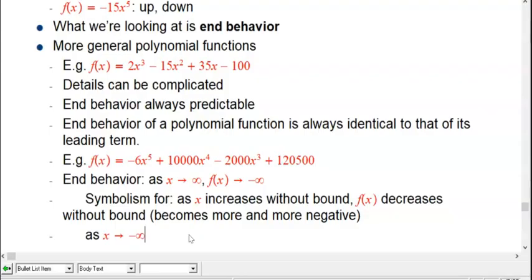Then in this case, because that's minus 6x to the fifth, f of x goes to, well, x is negative, it's an odd power so that stays negative, but then the minus flips it, and that's going to go to infinity. If you really want to emphasize it, you could put a plus infinity here, but people tend not to do that because we don't usually put a plus in front of positive numbers. But if you want to emphasize it, sometimes it's a nice thing to do.